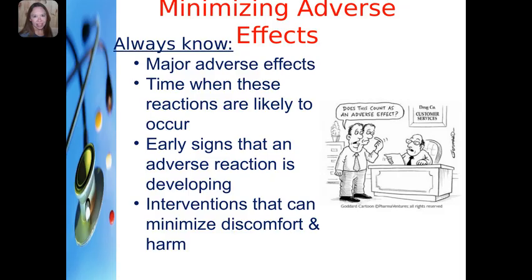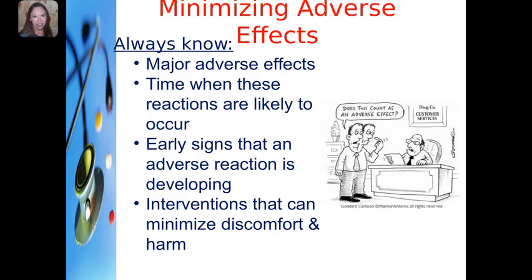Make sure you always know also the time when these reactions are likely to occur. So if they're going to have an adverse effect, is it going to be the first time they have the drug? Is it going to be after a few doses? Make sure you understand when this adverse reaction is probably going to occur. And then, of course, you need to be evaluating your patient, because you're going to be looking for those early signs that an adverse reaction is developing.